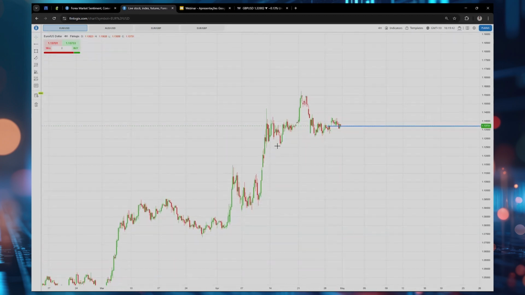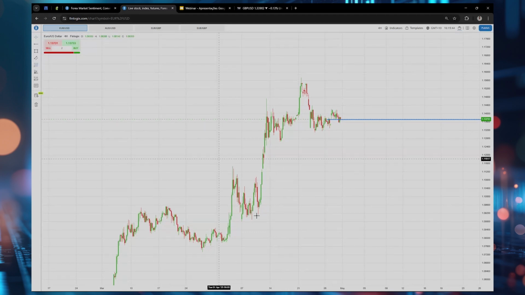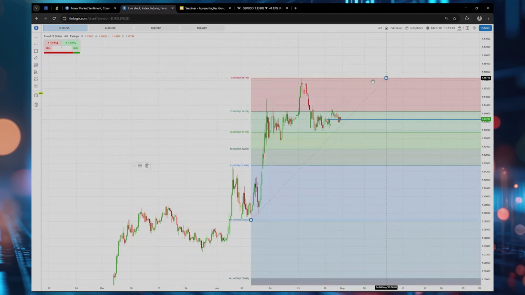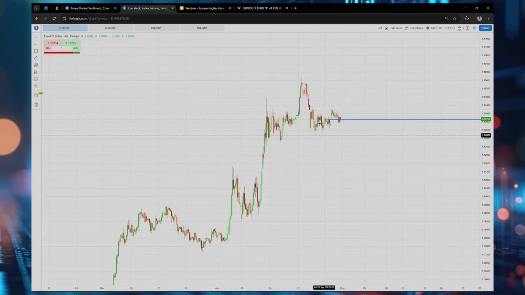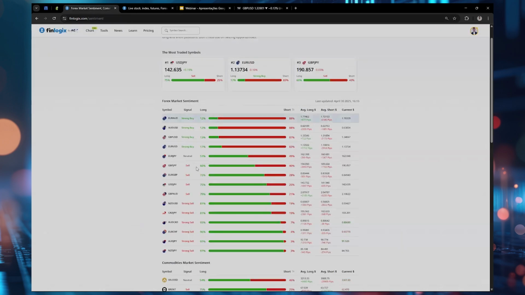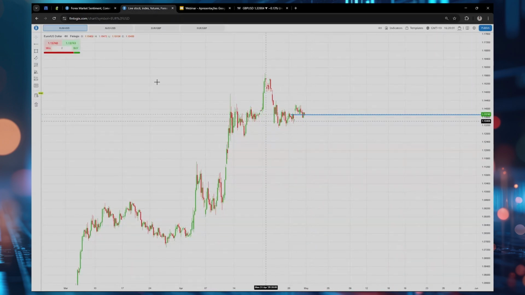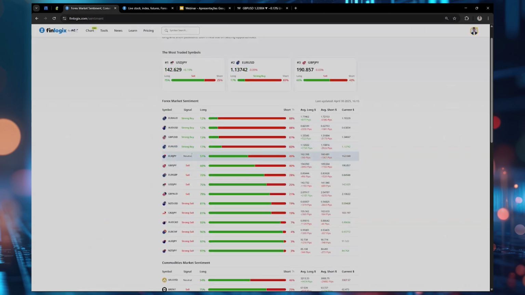Now it's just a point of, will we get an even deeper pullback, around these levels of like 50% or 61%, or will we just hover around here? Let's see what other options we get on the tool, and then we come back to this euro dollar after. Neutral, so we don't trade neutral.